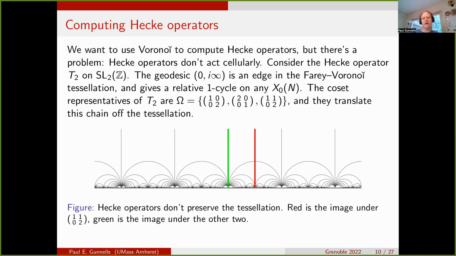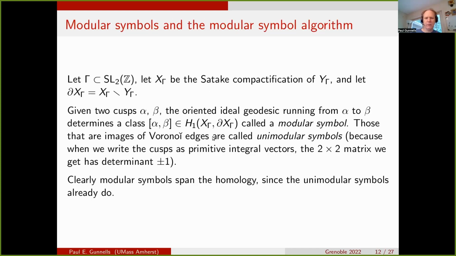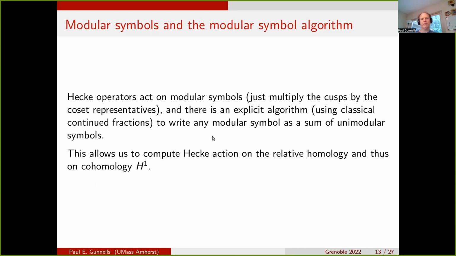We take a given modular symbol, in this case, the one going from 0 to infinity, and we multiply its cusps by these matrices that give us the representatives for the double coset, and they move those cycles around and give us new cycles and therefore give us new symbols.